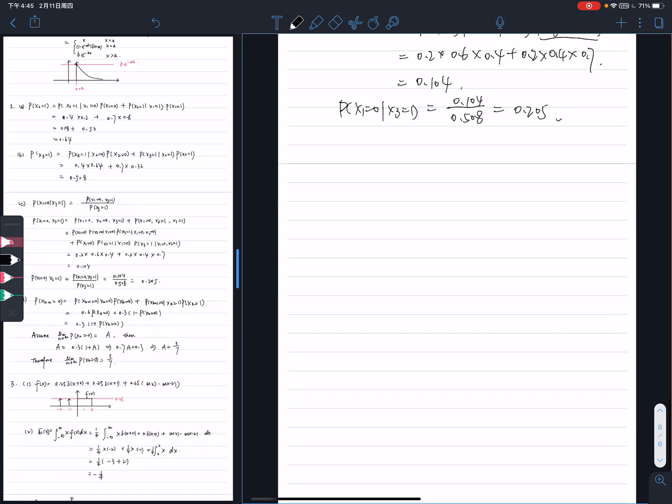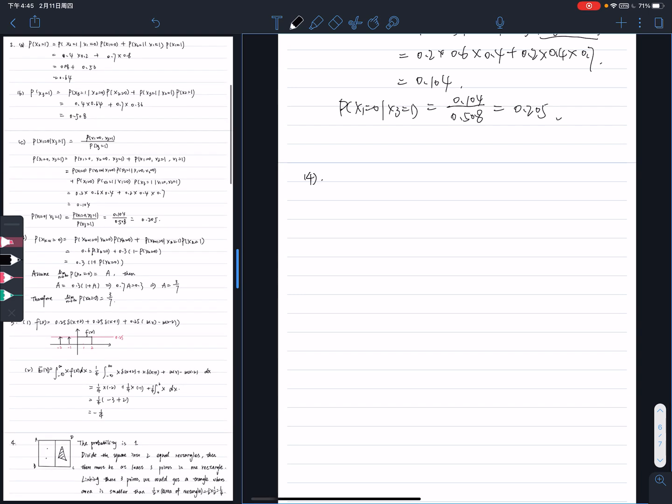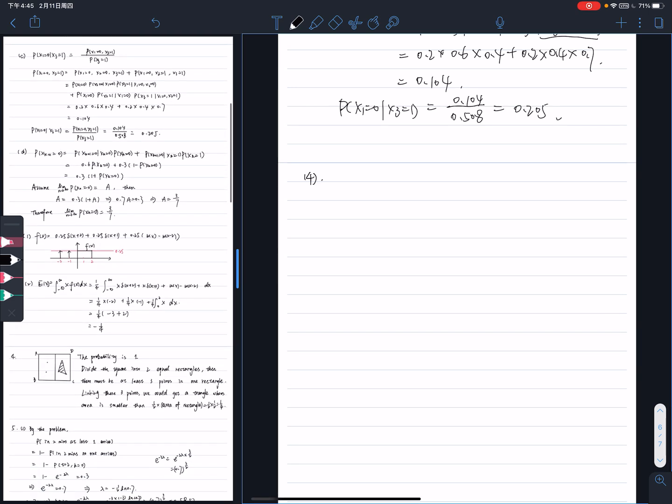For the next part of this problem, what we need is the limit of the probability of x_n as n goes to infinity, the probability of event x_n equals 0.